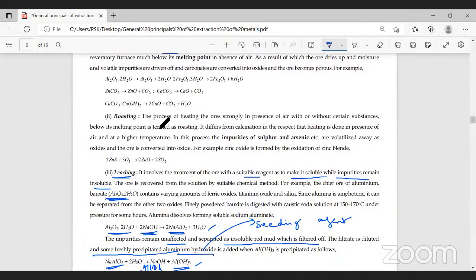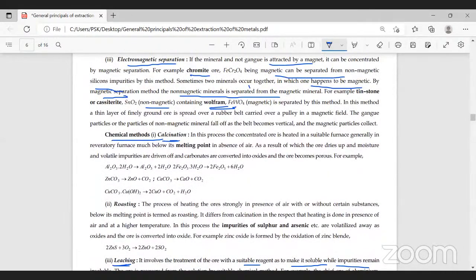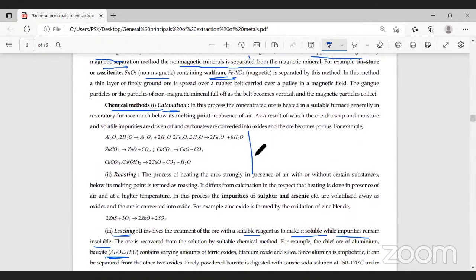What is roasting and calcination? Generally they can ask you for 2 marks. What is calcination? First we'll learn roasting and then we'll go for calcination. What is roasting?